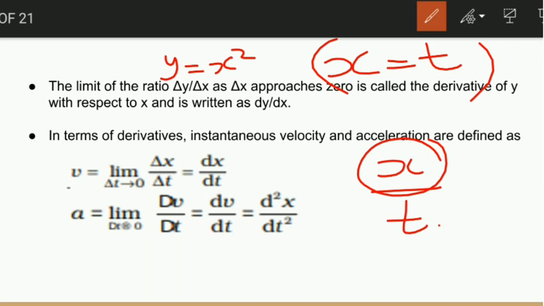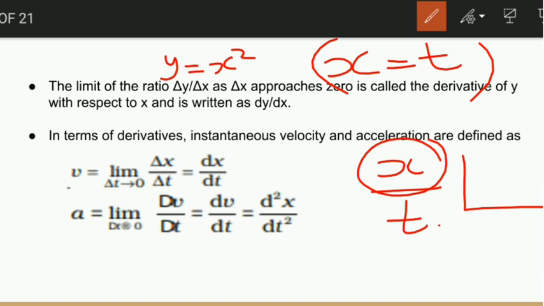Imagine that if the distance covered is not the same in equal intervals of time, then we won't get a straight line, we will have a curve. So how to find the slope? Slope is velocity in the case of a displacement versus time graph. You have studied that in class 9th, right?